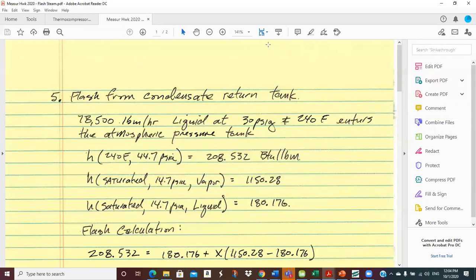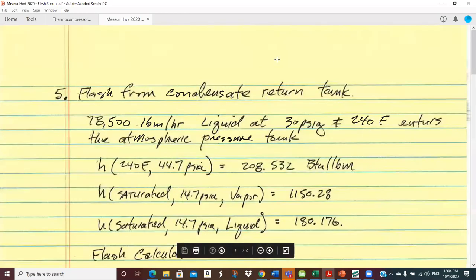At any rate, I wanted to finish going over some of the homework. I kind of punted on this number 5 last time because I wasn't finished with it, where our condensate coming back to the boiler house was 240, and it was going into an atmospheric pressure tank, and it was going to be flashing to atmosphere.